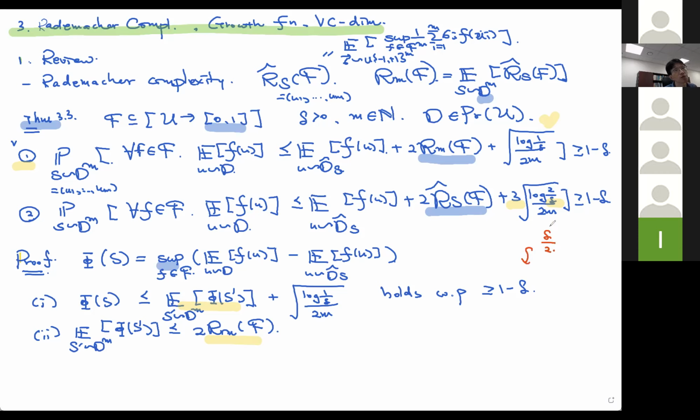So if delta is like 0.1, delta is like our budget. We are using half of our budget to get the first upper bound. If we use delta over 2, then this part will also change, and it will become 2 over delta. So you can see where this 2 over delta below is coming from.